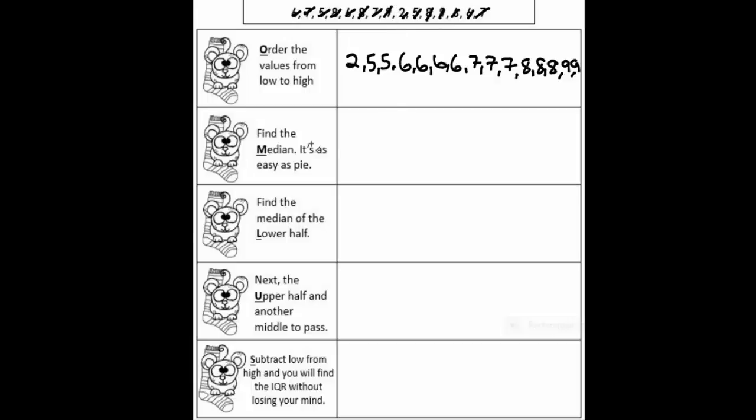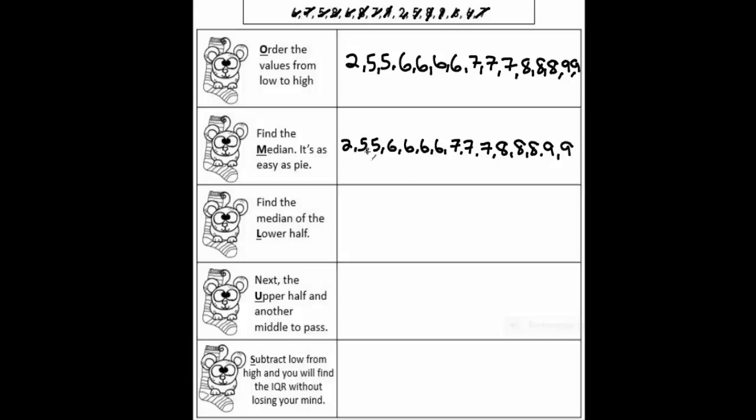Next, we need to find the median. It's as easy as pie. So let's rewrite the numbers from our first row: 2, 5, 5, 6, 6, 6, 6, 7, 7, 7, 8, 8, 8, 9, and 9.